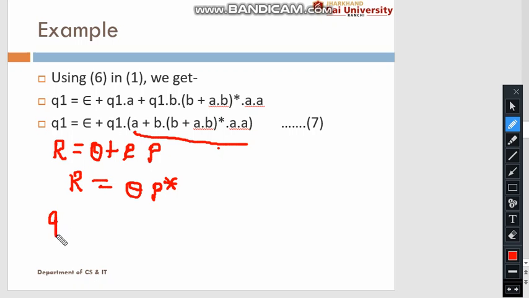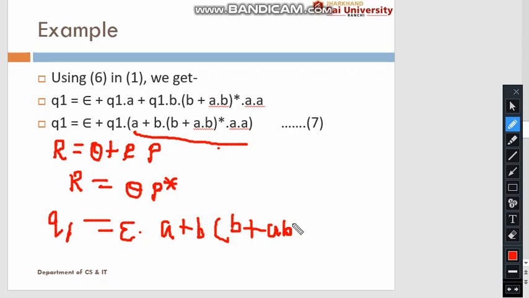So we can write down q1 equal to epsilon into (a plus b into (b plus ab) whole to the power clean closure aa). Also we know that an epsilon multiplied with something gives something.